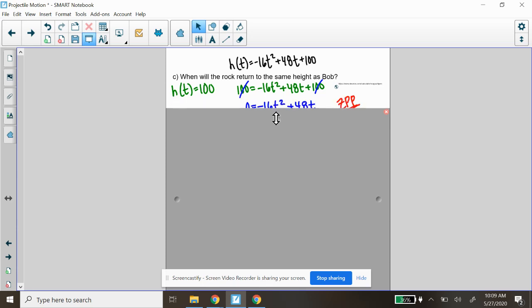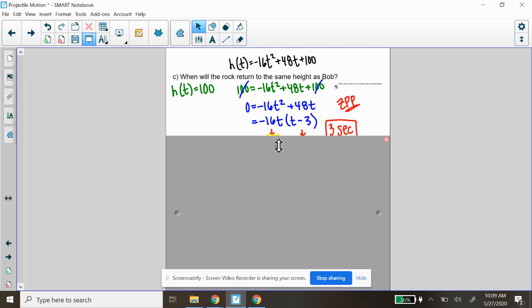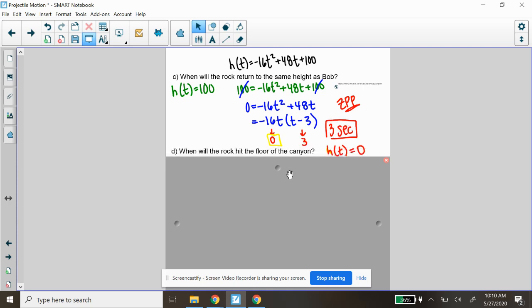I then have 0 equals negative 16t squared plus 48t, which I'm hoping you recognize as some ZPP. When I factor, or undistribute, the negative 16t, I end up with two solutions of 0 and 3. Keep in mind that the 0, we already know that's when the rock started in the air. So it's this 3 seconds that matters, right? The rock is going to go up and come back down because of gravity. So at 3 seconds, it'll be at 100 feet again.